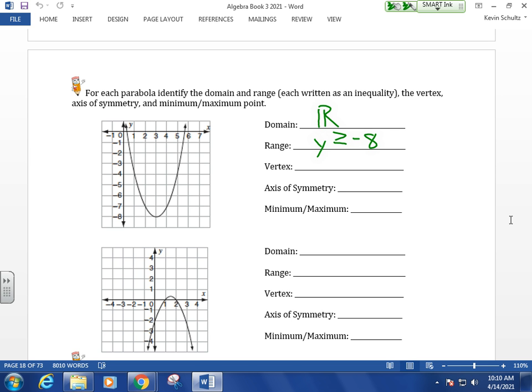That is the lowest y value on this parabola. At y equals -8, that's where our vertex point is, but nothing below that is ever going to be included in the parabola. So the y values that are included are -8 and up. As an inequality, y is greater than or equal to -8. What's our vertex point? 3, -8.